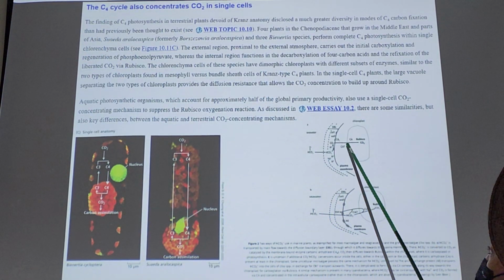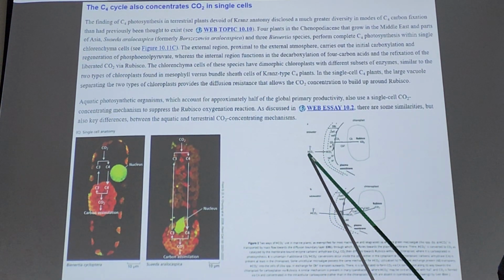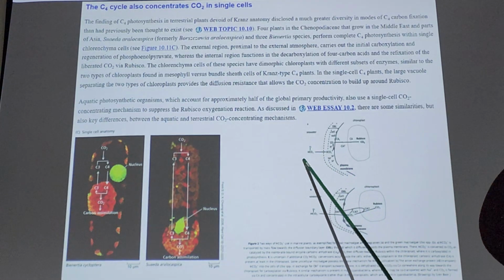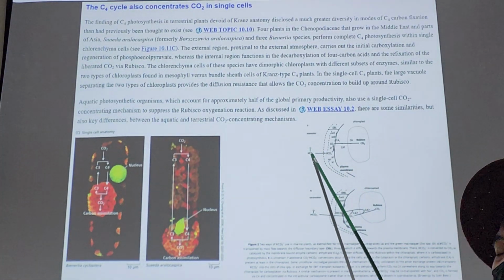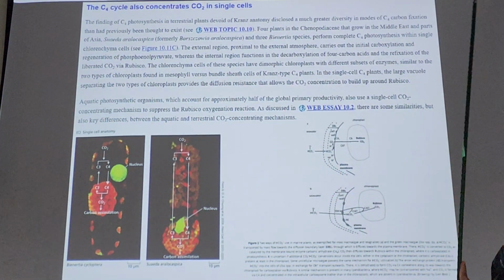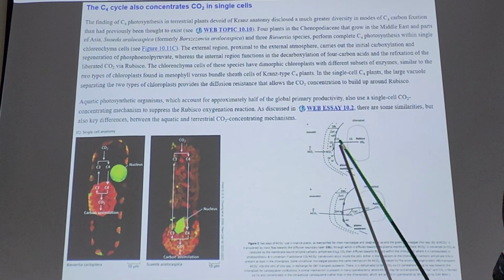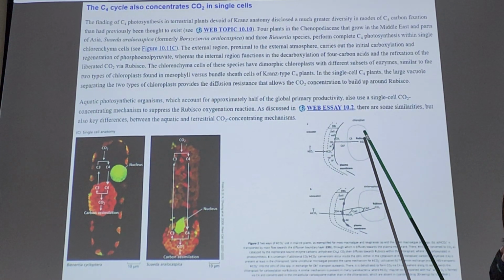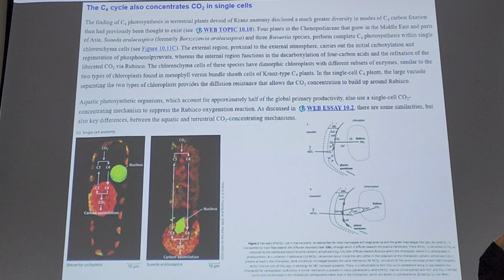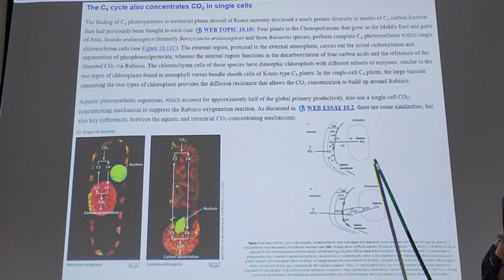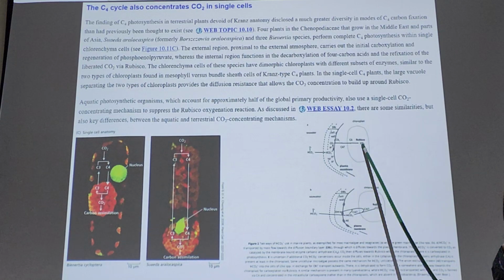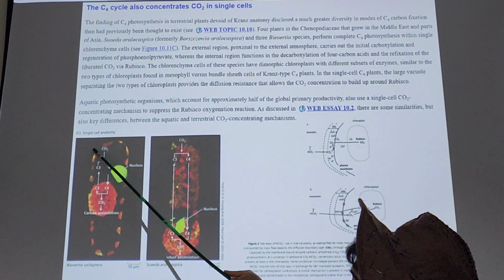After the water has been filtered, it has to be filtered. This is seawater. You don't want high blood pressure. It filters and gets the bicarbonate, and this will be sent straight to the rubisco site.